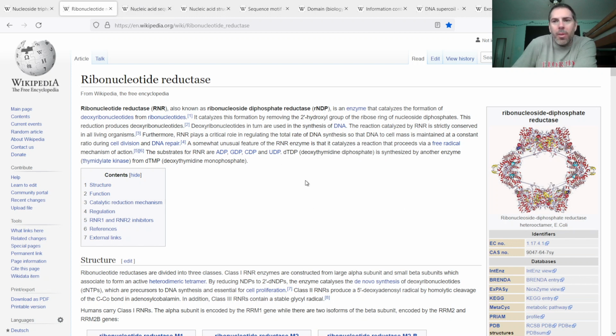So the cell has to maintain the proper levels of each nucleotide, either the diphosphate, triphosphate versions, or the deoxy or the ribo versions.